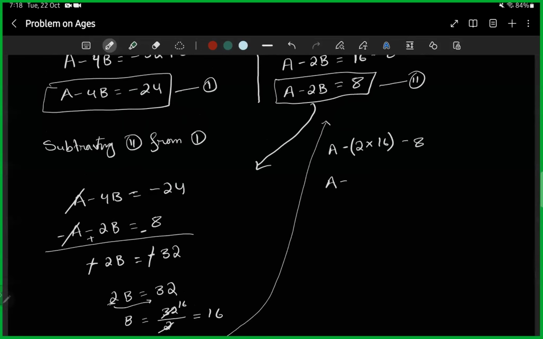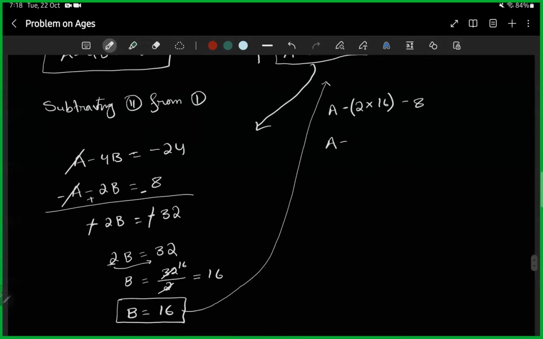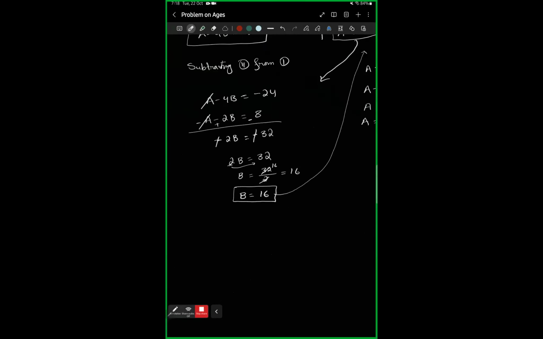A minus 32 gives you 8. A equals 8, and this negative you take into the right hand side, it becomes 32. So A equals 40. 40 is the age of A.